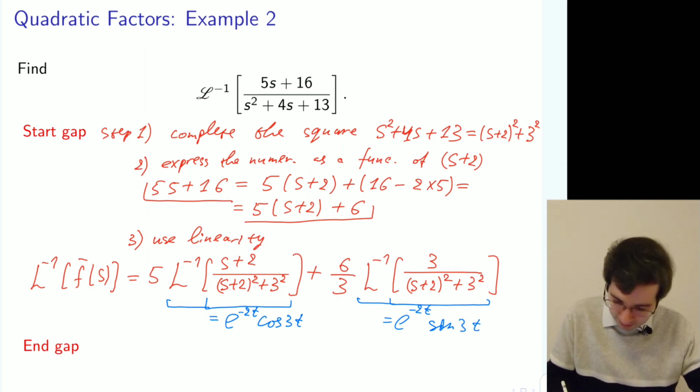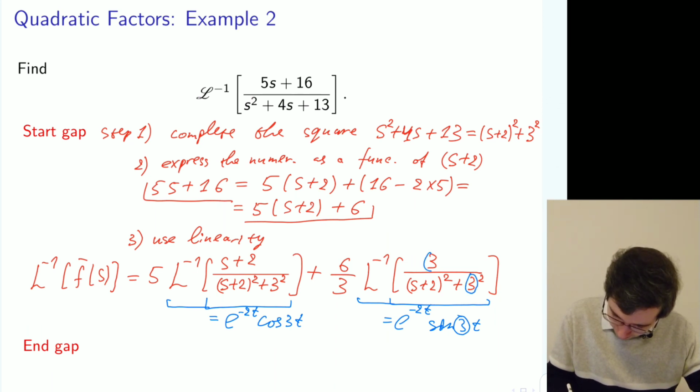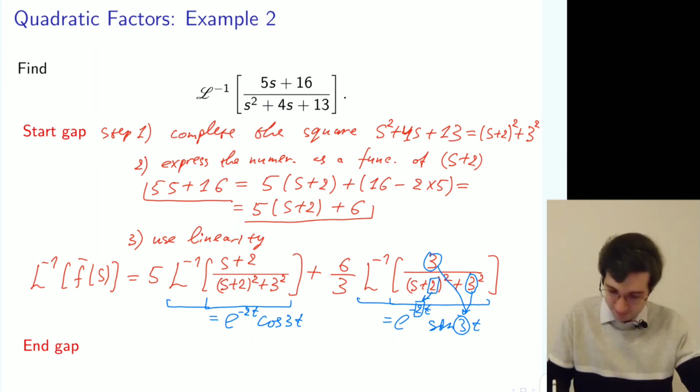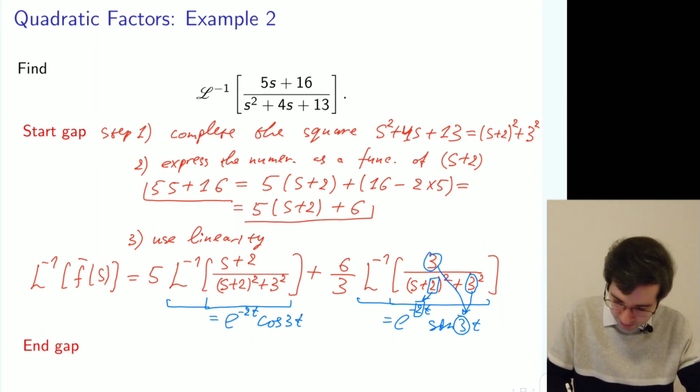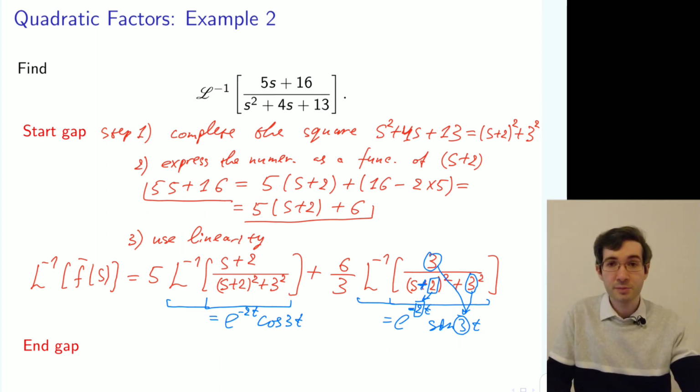And in this case, 3 is given by these parts, while 2 is given by that. And notice this sign, that plus results in the minus from the table.